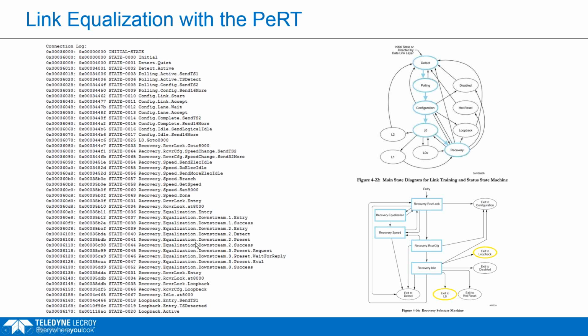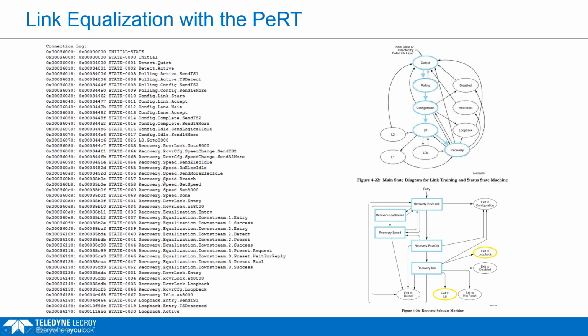If your device works really well and you run the test with the PeRT, you should see this in the connection log. It starts off at detect.quiet, goes through the whole link initialization, goes through recovery. We finally go into loopback, and this is where we can run any bit error rate tests in loopback.active. But if your device gets stuck somewhere, and you don't have the right test equipment, you're just stuck. You have no idea what's going on there.